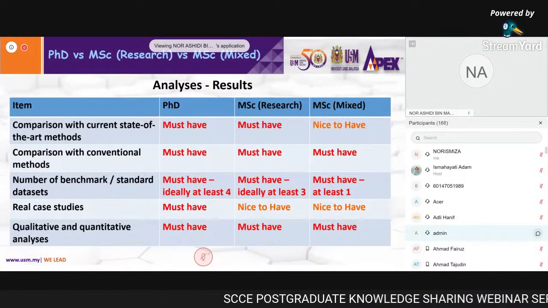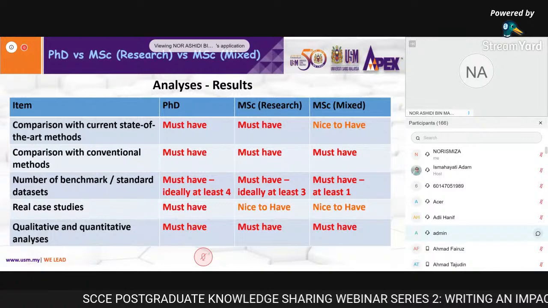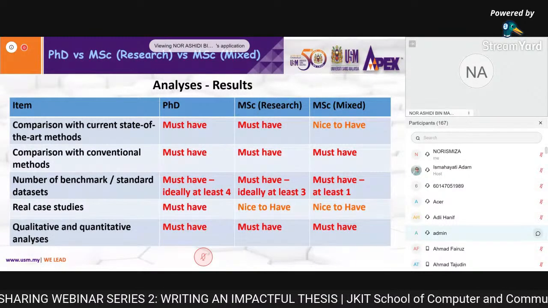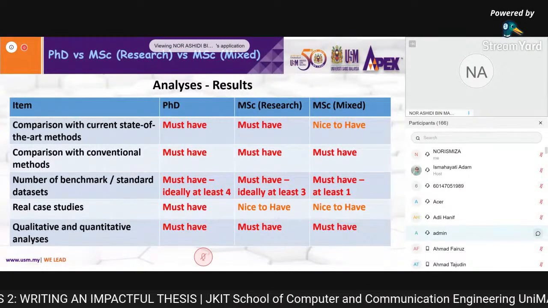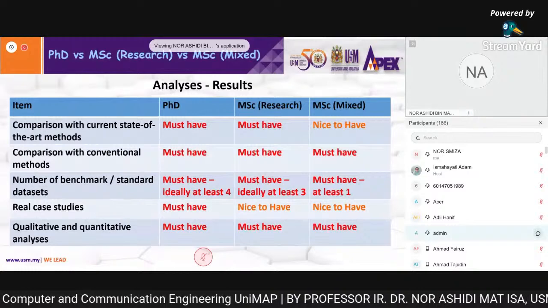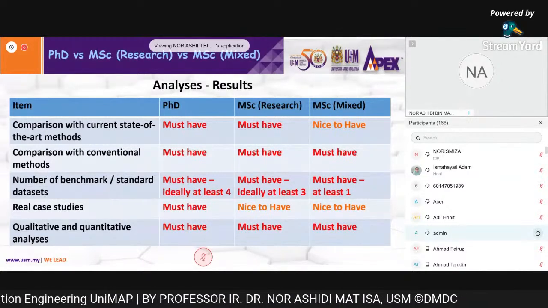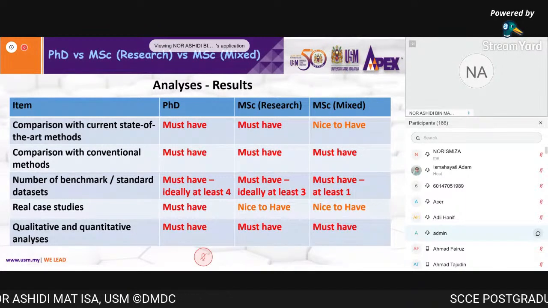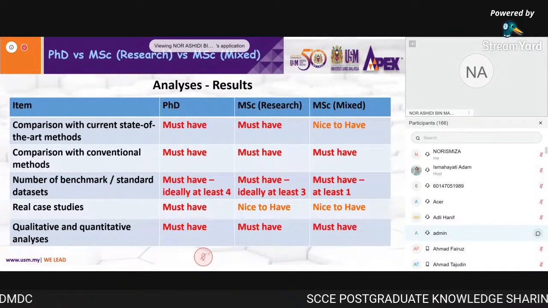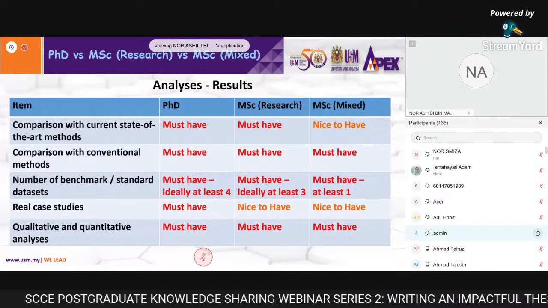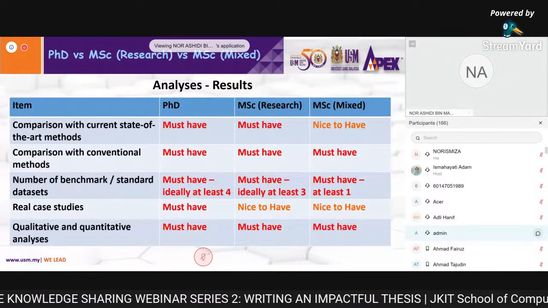Otherwise, we are in the form of what we call 'puji diri sendiri', meaning that you claim that you are the best, but there is no comparison. Okay, so that's not a good research attitude. So you must make sure that whatever you propose or introduce, you compare it with other techniques or methods. By comparing, then you can claim that your technique is better than others.